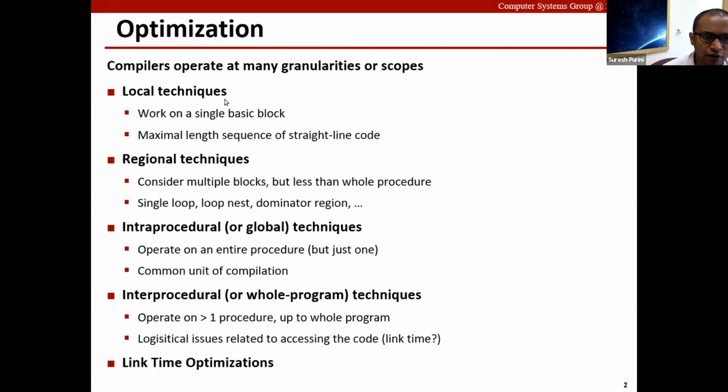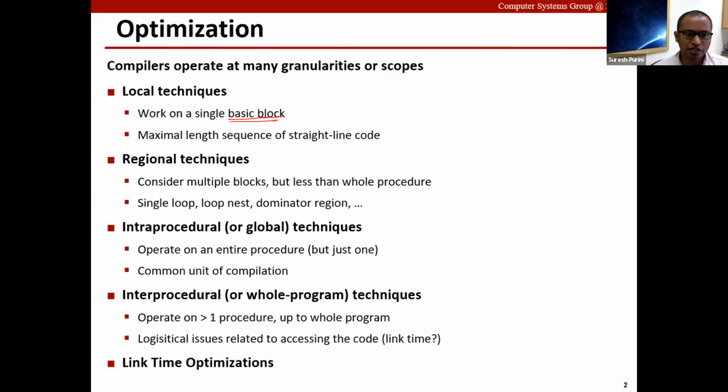Some optimizations, which we will see in today's class, work at the basic block level, and these are called local optimization techniques. So that's what we will see in today's lecture.